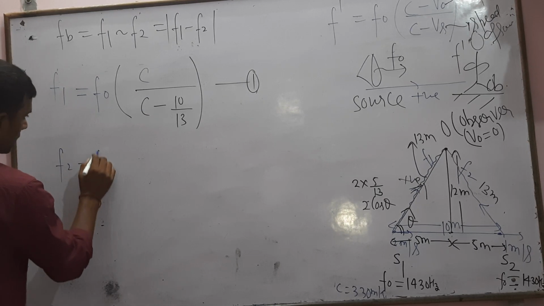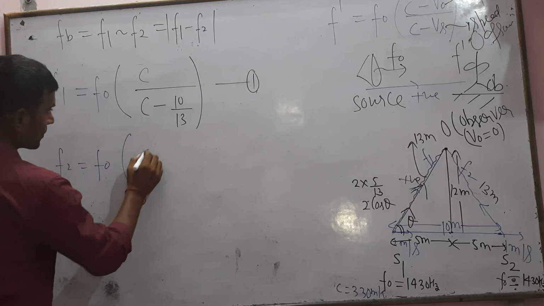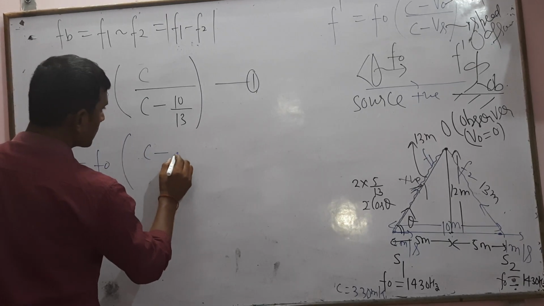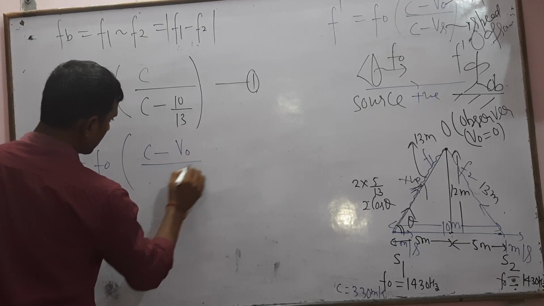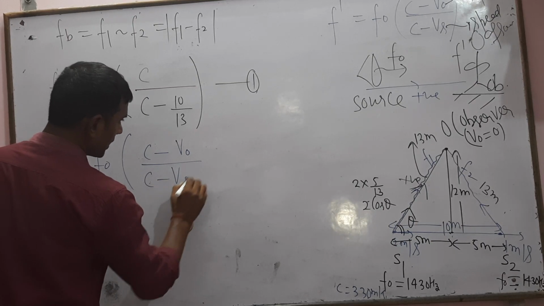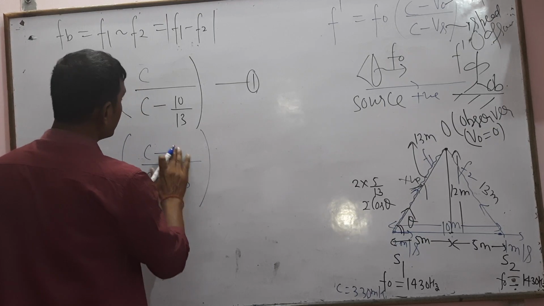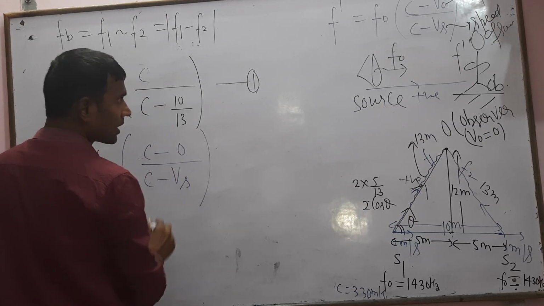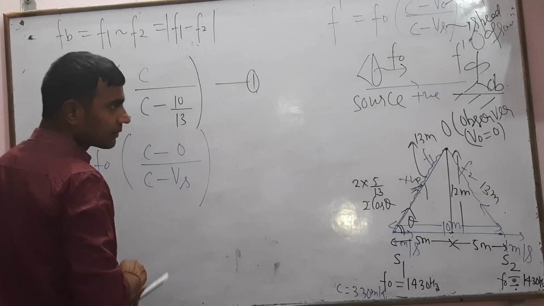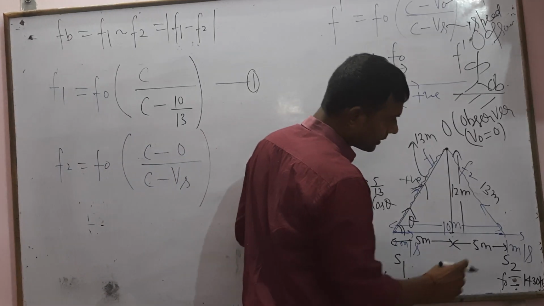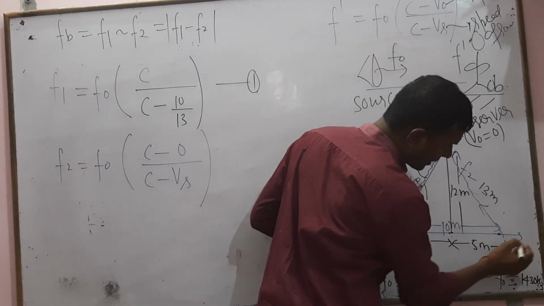F2 equals F0 into c minus V0 divided by c minus Vs. V0 means the velocity of the observer, which is 0, divided by the velocity of source, which is 1 meter per second.